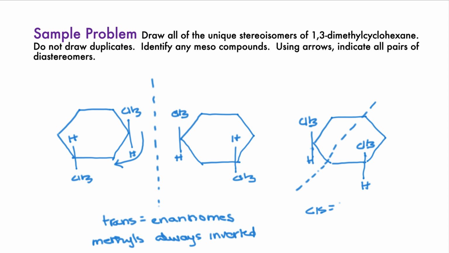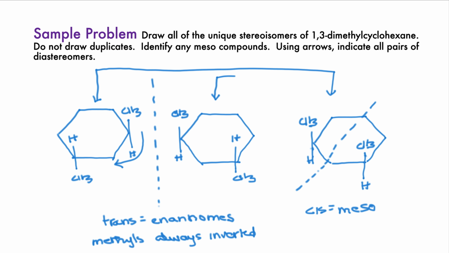So this is a meso compound. We don't need to draw the mirror image. If we drew it, it would be exactly identical. Finally, we have to identify pairs of diastereomers. Each enantiomer is a diastereomer with the cis compound, so we have 2 pairs of diastereomers.